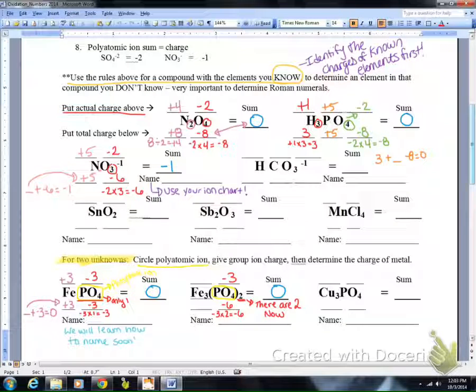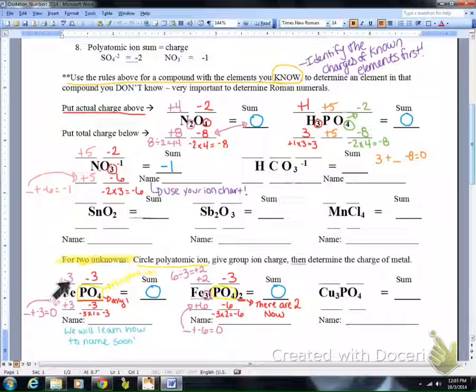I know my compound sum is 0. So what plus a -6 equals 0? Well, that's a +6. Then I can identify that I have 3 iron atoms. So 6 divided by 3 is going to equal our charge on our iron atom. So that would be a +2 charge in that electron distribution oxidation number.